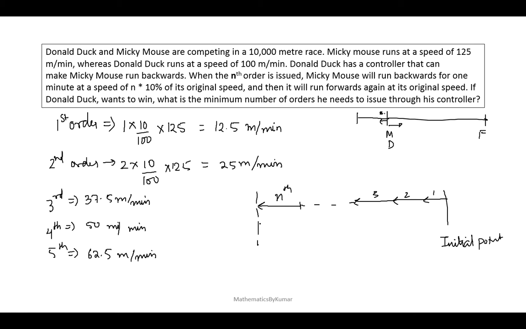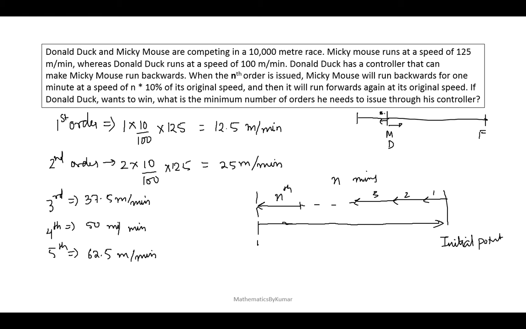Now as soon as that order is issued, he'll start running forwards to first reach the initial point. When the orders were being issued, he was running back 1 minute every time. It means that up till this nth point, n minutes have already elapsed.